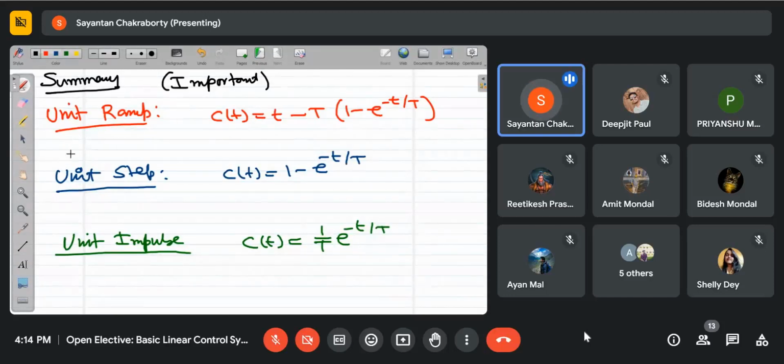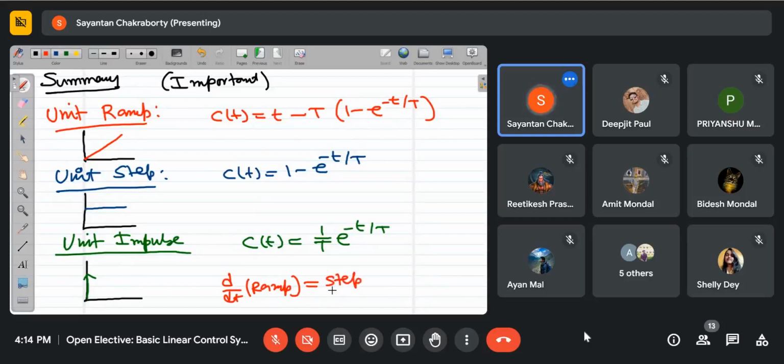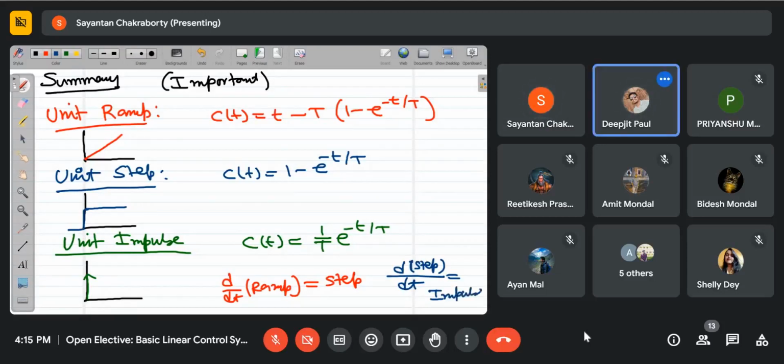Okay, look at the inputs. Do you notice any observation? Any comment that you want to make? Is there any relationship between these three functions that I wrote together? Okay, look at the graphs. If you take d/dt of ramp, what will you get? Look at the rate of change of ramp, what will you get? Step, because the rate is constant, right? Yes, sir. And what about the derivative of step? Impulse? d/dt of step will be impulse?